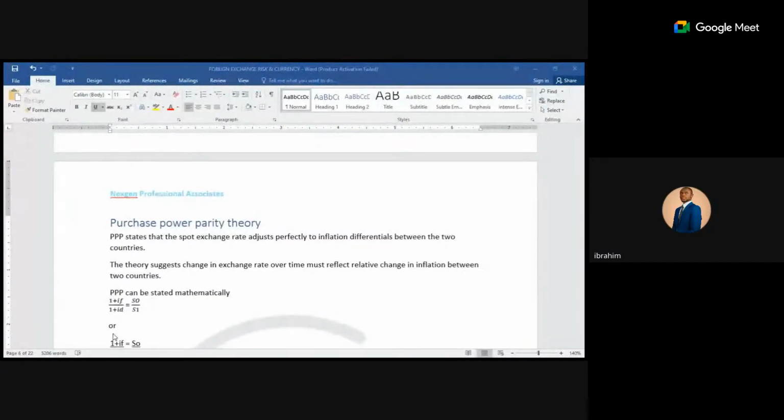In a nutshell, the purchasing power parity is talking about inflation, how you can adjust countries' inflation in line with the exchange rates.